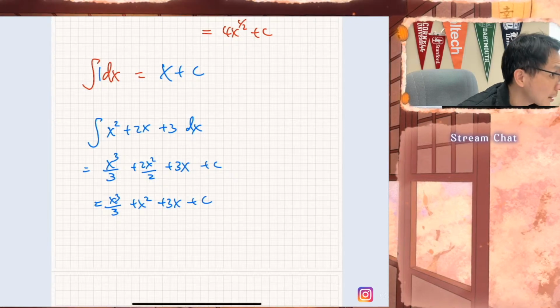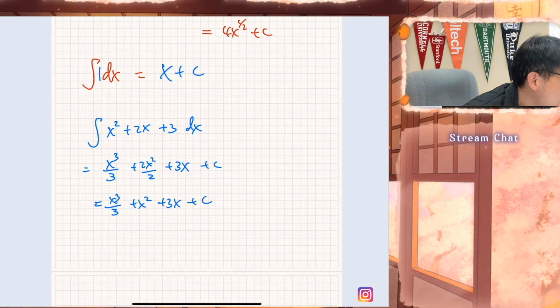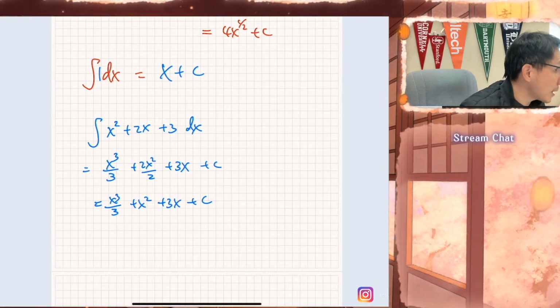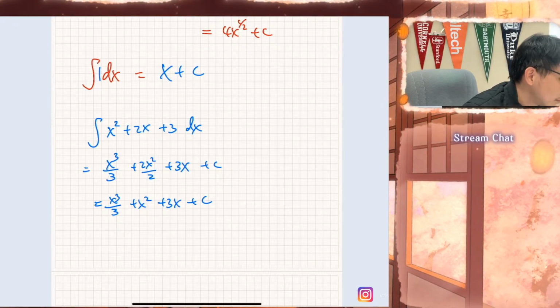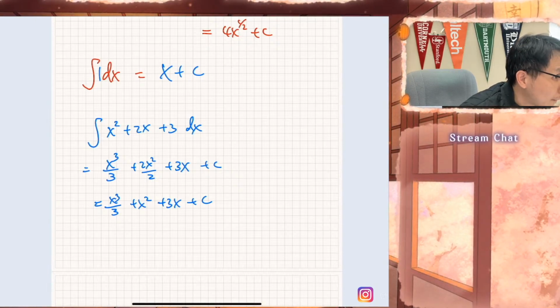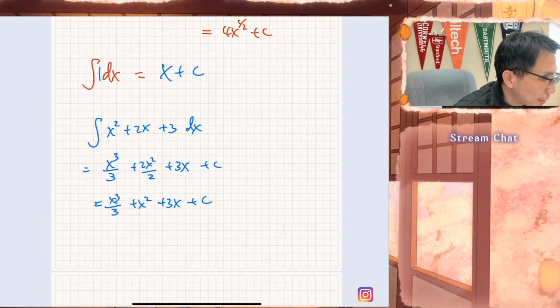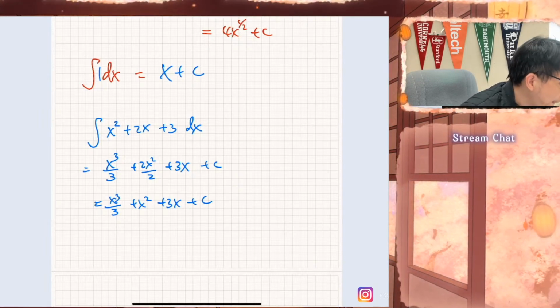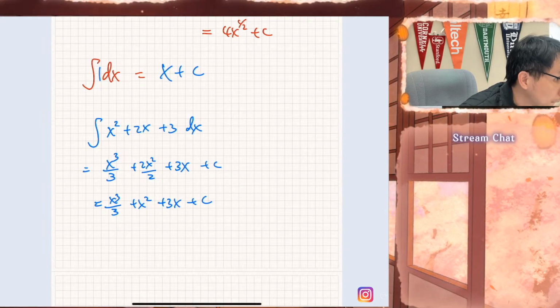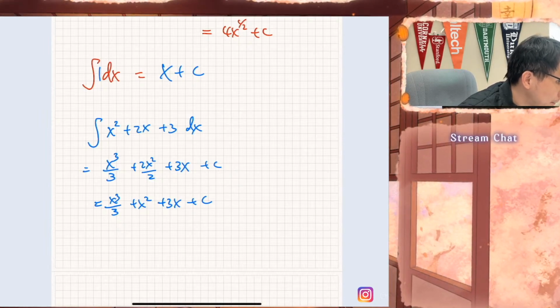I just take the integral of those. Addition and subtraction is fine. Multiplication and division, that's where they have problems. Do you understand? Yes? No? Maybe?